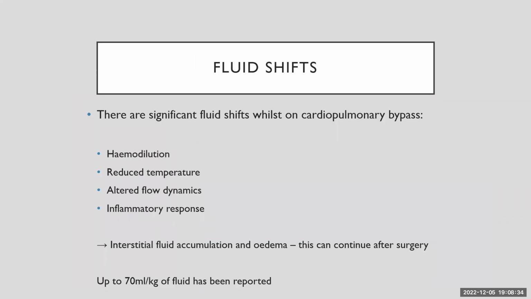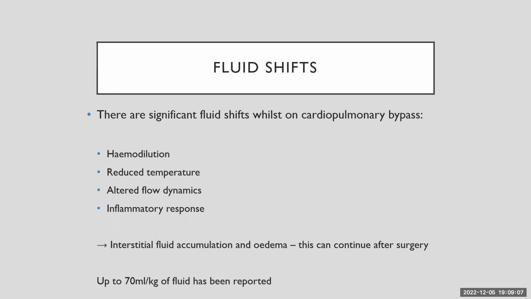There are two key things that happen when we place patients on bypass. The first is that there is an element of hemodilution, and that dilution facilitates the flow of blood through the body via the bypass circuit. And similarly, there is a volume of fluid in a typical cardiopulmonary bypass circuit.